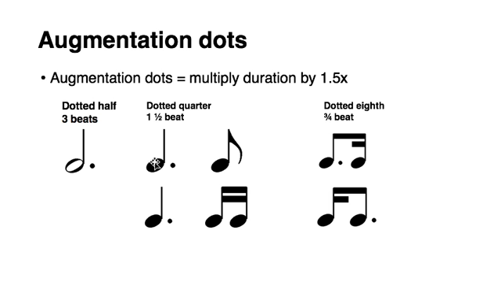So therefore, a dotted quarter note lasts 1 times 1.5, which equals 1.5 beats, and a dotted eighth note has half times 1.5, which equals 0.75 or 3/4 of a beat.